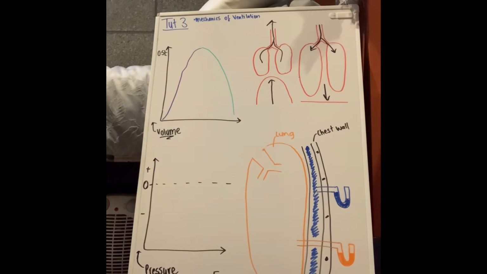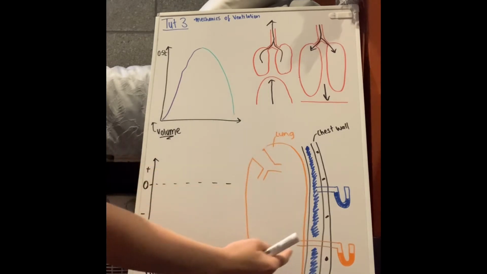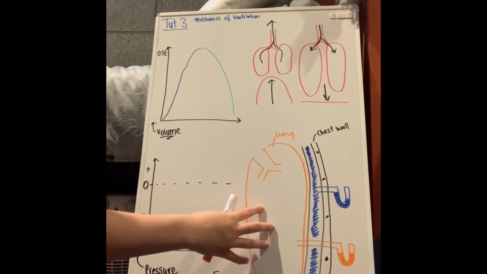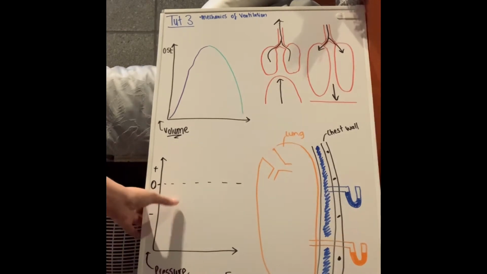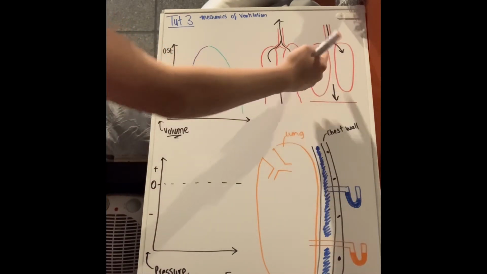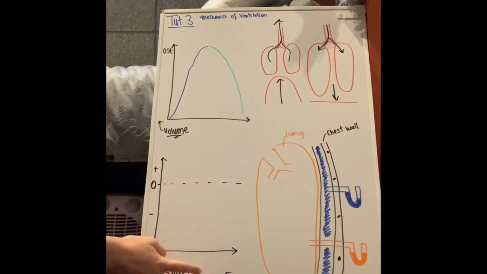In the orange here, we can see that there's a lung, and this little gauge here represents the amount of pressure in the lung. Now, if we were to look on the graph here, when you breathe in, you increase the amount of volume within your lungs. And the equation for pressure is pressure equals force over area.